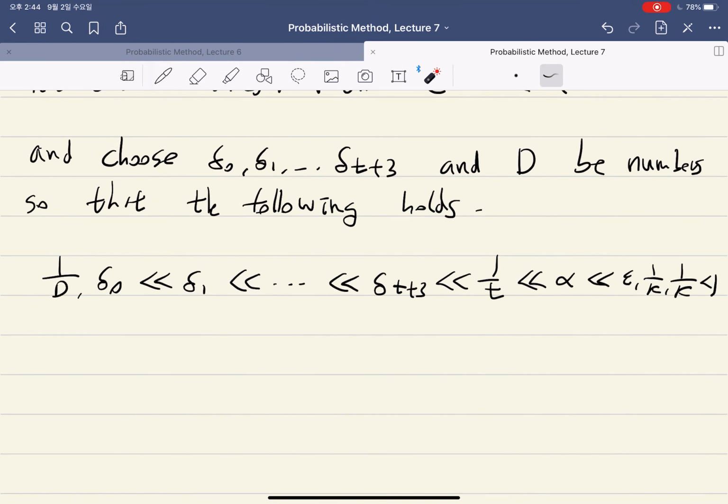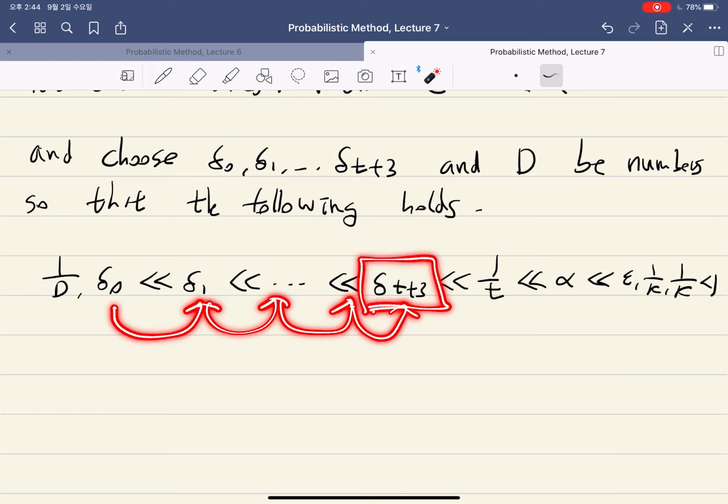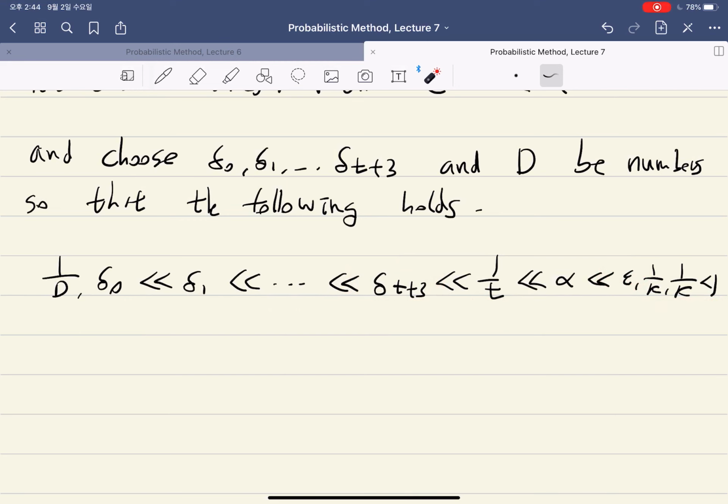So we apply it once, then the error term becomes worse, and worse, and worse. But at the final step, the error term is still small enough compared to, say, epsilon. So later we can show that we can find an epsilon-almost perfect hypergraph matching, which covers everything but an epsilon fraction. So we choose these numbers.